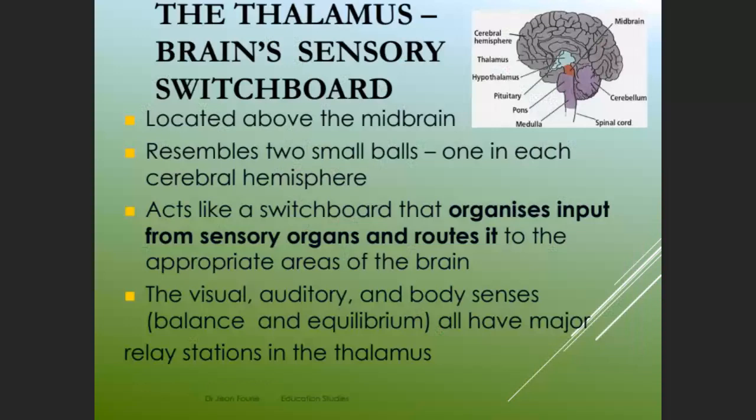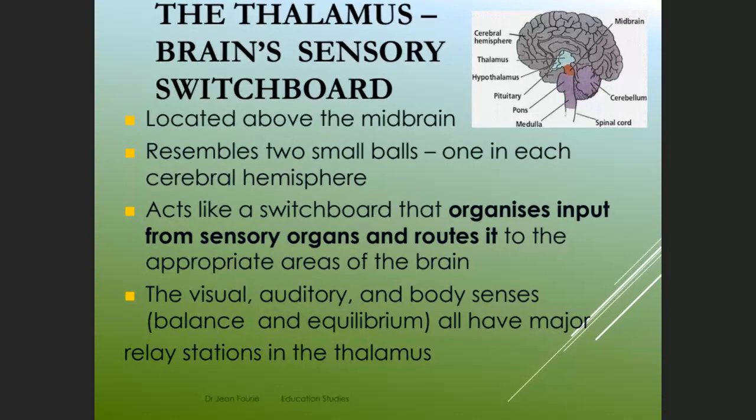So if we have a look at what's happening in the midbrain, this is the thalamus, and this is considered like a sensory switchboard. It is located just above the midbrain, and it resembles two small little balls, one in each of the hemispheres. It acts like a switchboard, organizing inputs from the sensory organs and routing them to the appropriate areas of the brain.